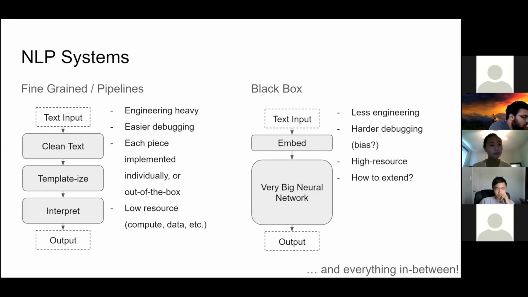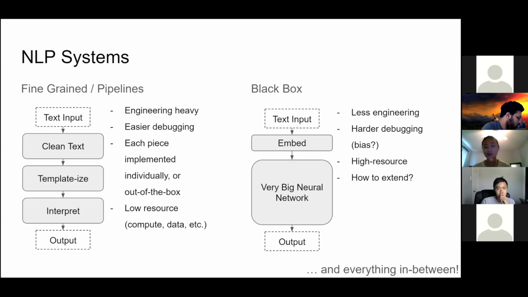Most of these high profile cases will tend to have these engineering layers built on top to achieve some sort of production quality. Some advantages of this are that it's easier to debug and potentially de-bias.